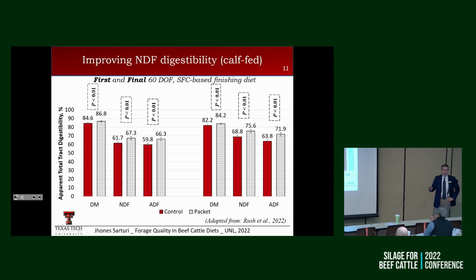So the possibilities are out there, increasing that forage quality regardless of what that forage means for you as far as the name of the ingredient. There is the potential there to be improved. And in my definition, improving digestion of fiber is improving quality of that forage as well.